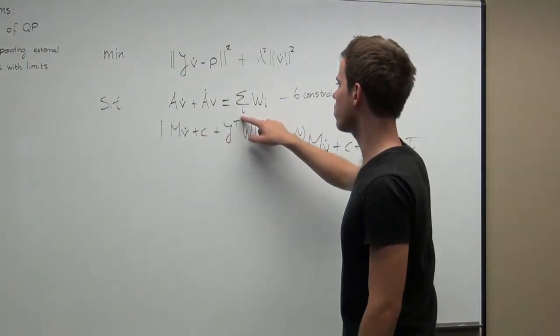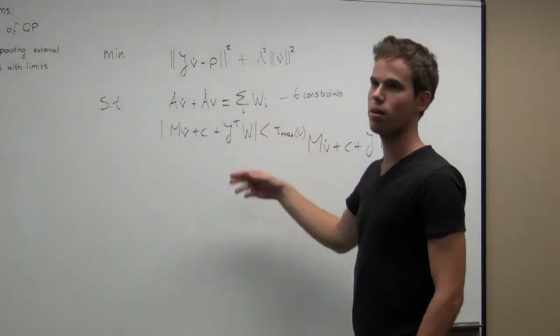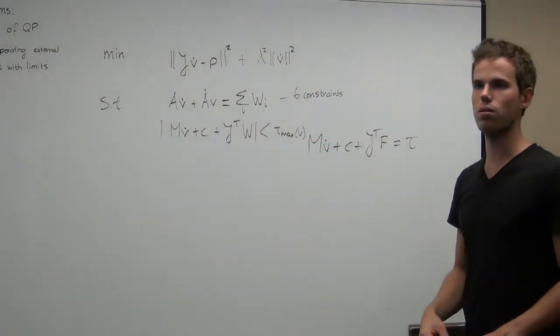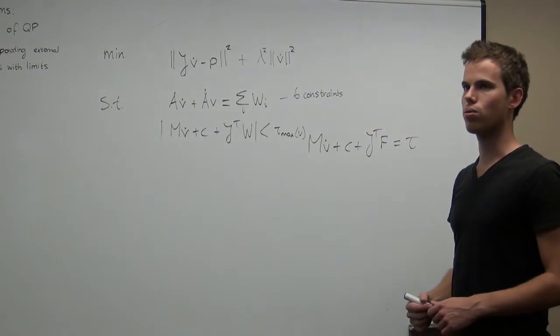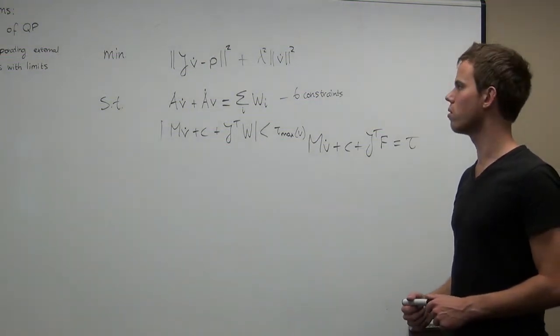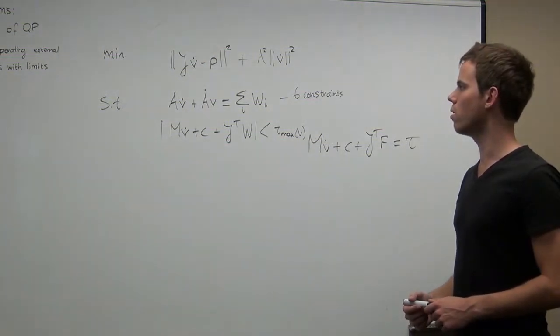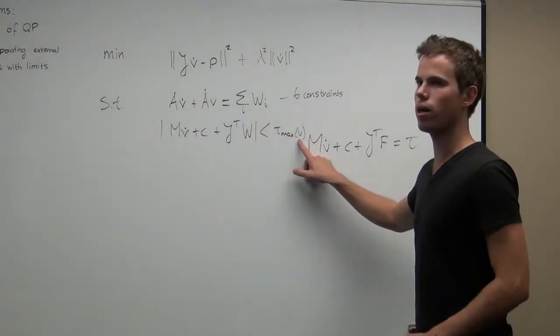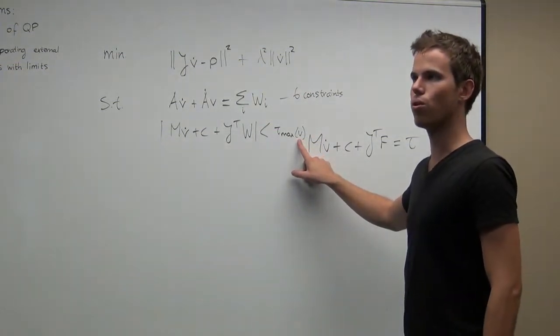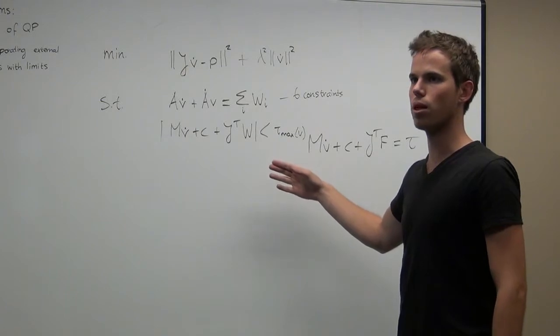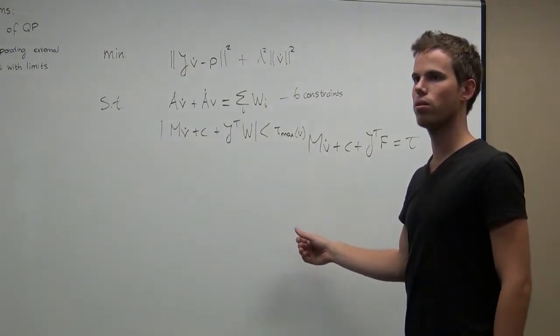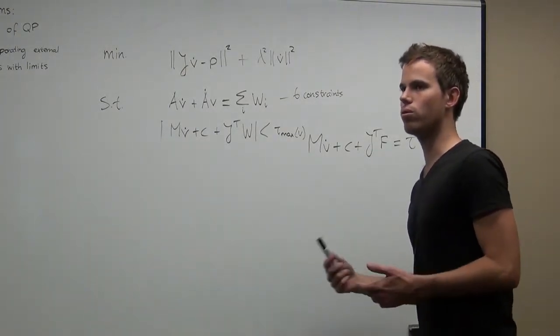An equation like this is called affine, and an affine equation is convex. But you can't have tau max be a function of V though. Well, yeah, you can. For a certain time step, v is known, it's measured. Oh yes, we're looking at V dot. So we're trying to determine v dot.